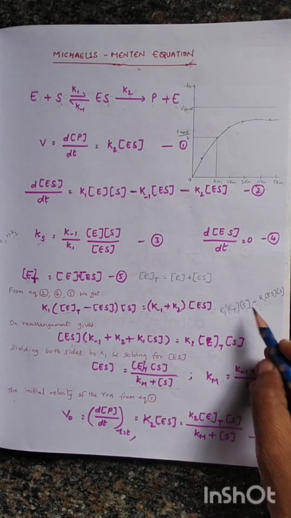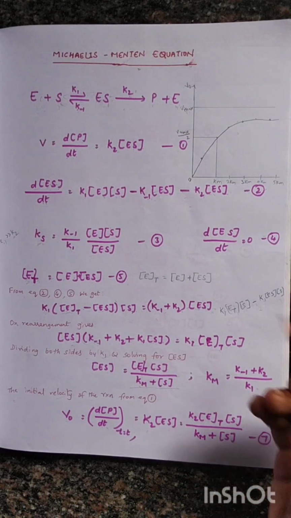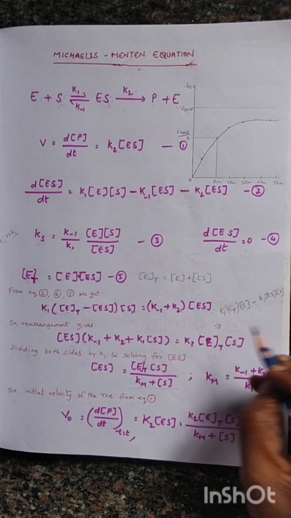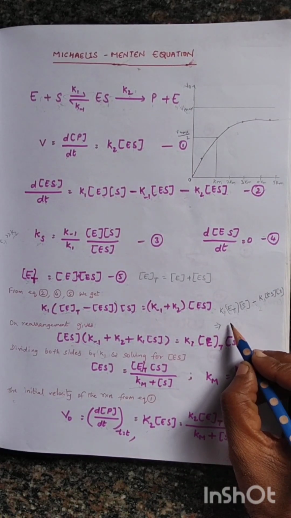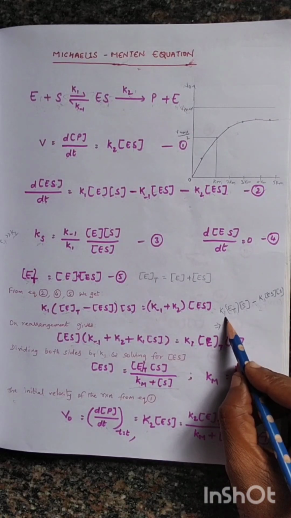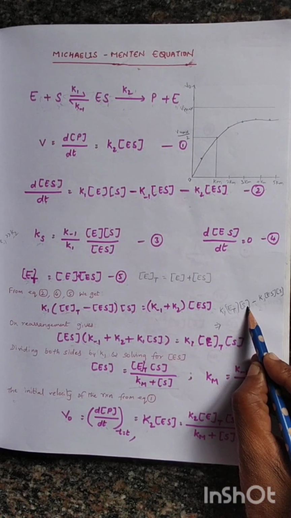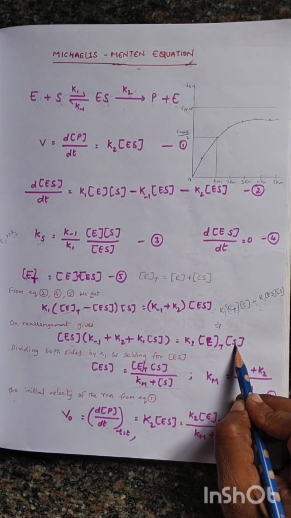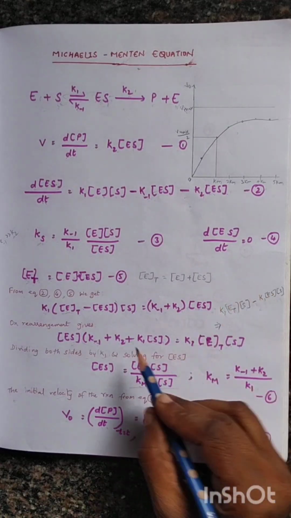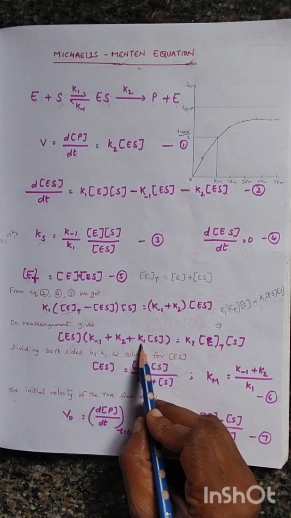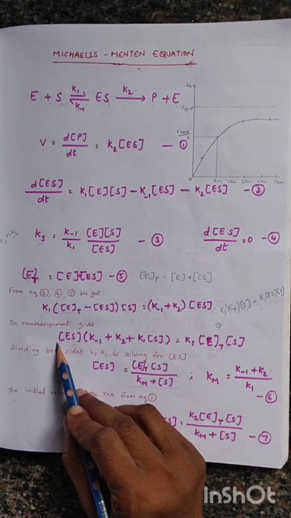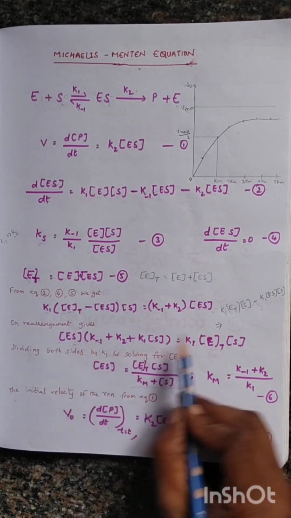Hope you have understood this. Otherwise, if we expand this, we can easily get K1 E total into substrate. Here it is. This one goes that side, plus K1 into ES is taken outside the bracket as common.